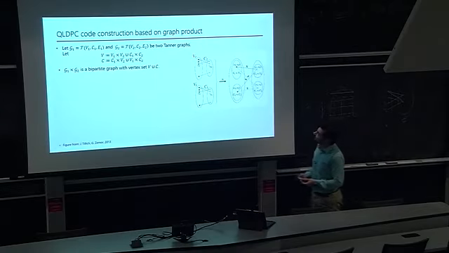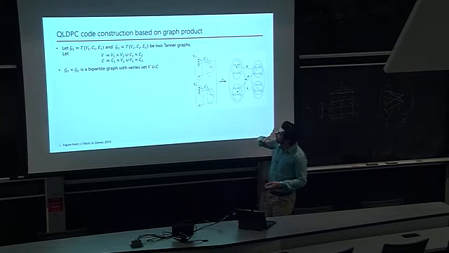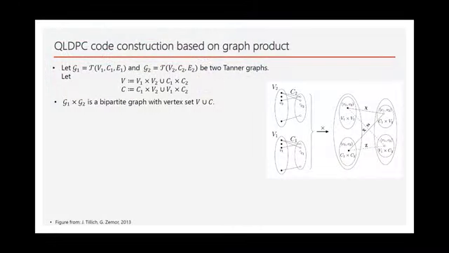So we start with two Tanner graphs, G1 and G2. Then we consider the product of the two graphs, where the vertex set is the product of the vertex sets. So we will have V1 cross V2, V1 cross C2, C1 cross V2, and C1 cross C2. These are the 4 subsets of the vertices.